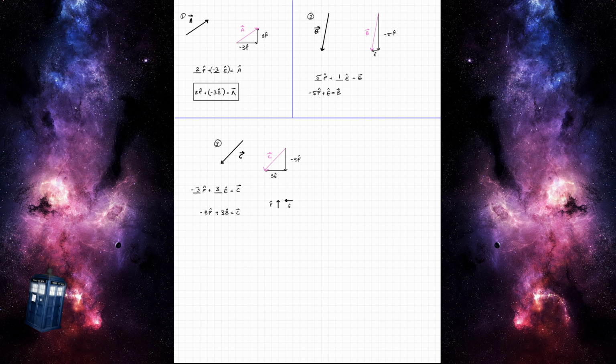So the equation to get the C vector is going to be negative 3 unit vector F plus 3 unit vector E equals vector C.